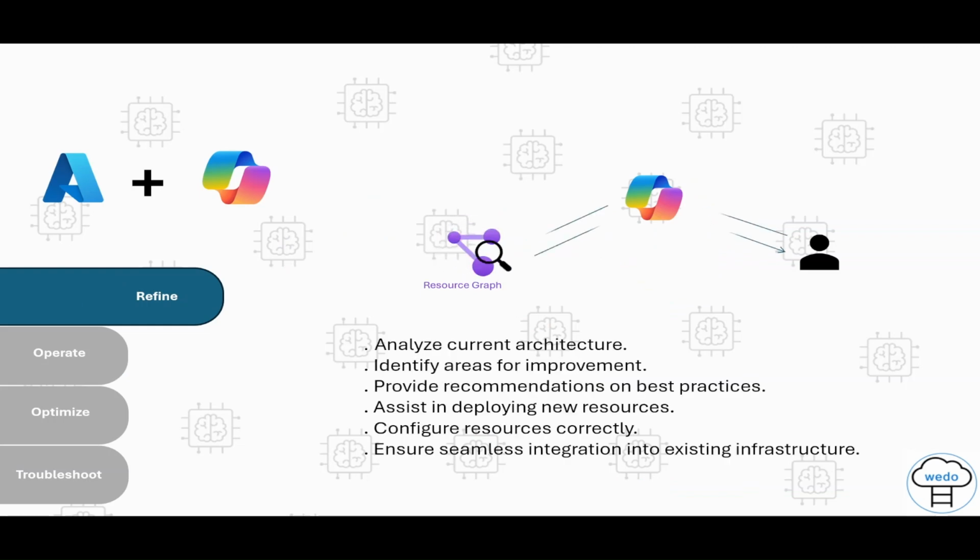So when we are talking about refine, it means we have this opportunity to use Copilot for Azure to do a lot of things. Before I explain each part, the way that Copilot works with Azure is basically Copilot leverages Resource Graph.